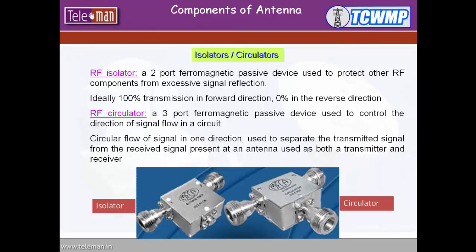This is a 3-port ferromagnetic passive device used to control the direction of signal flow. Here you will find circular flow of signal in one direction. This circular flow is used to separate the transmitted signal from the received signal present at the antenna. It is used as both TX and RX.